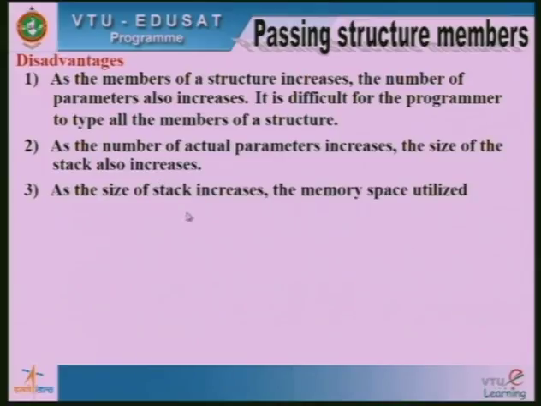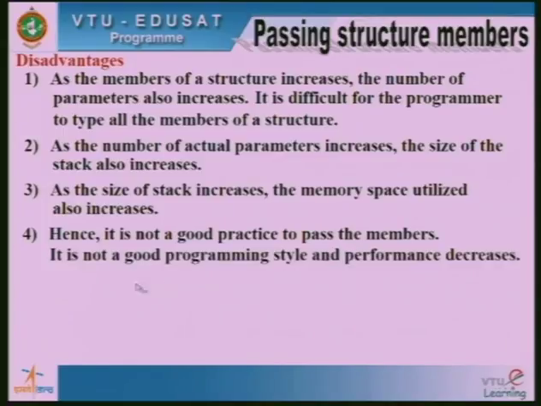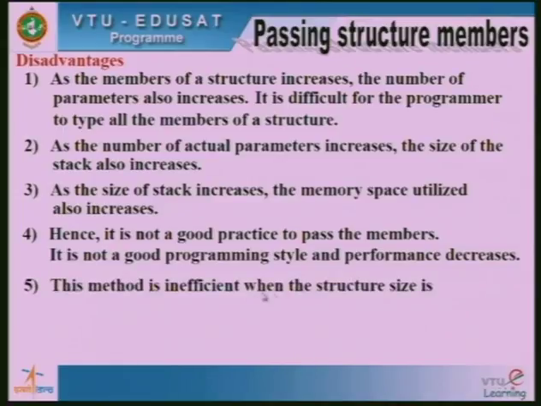As the size of the stack increases, the memory space utilized also increases. And the fourth point is, hence it is not good practice to pass what? The members of a structure unless we are passing very small numbers. It is not a good programming style and its performance decreases. This method is inefficient when the structure size is too large and requires more memory.